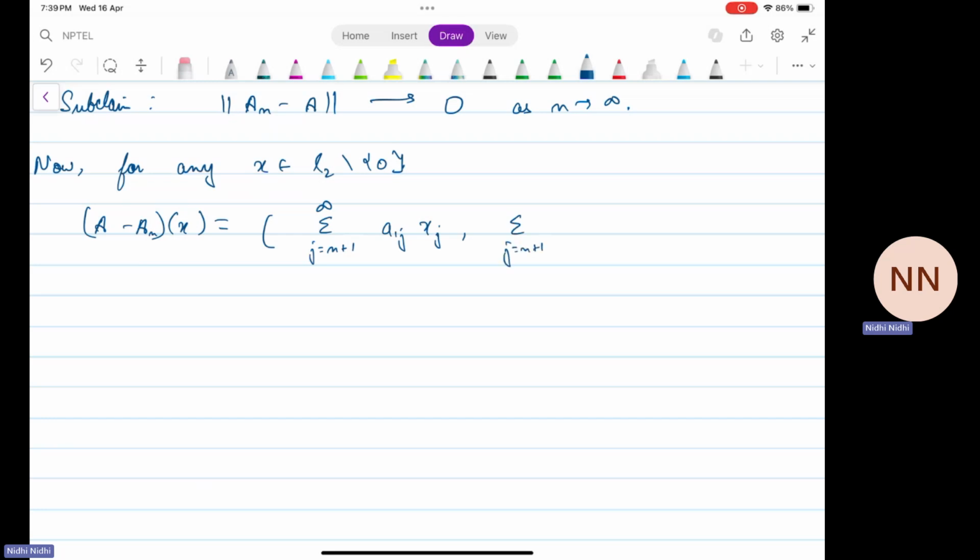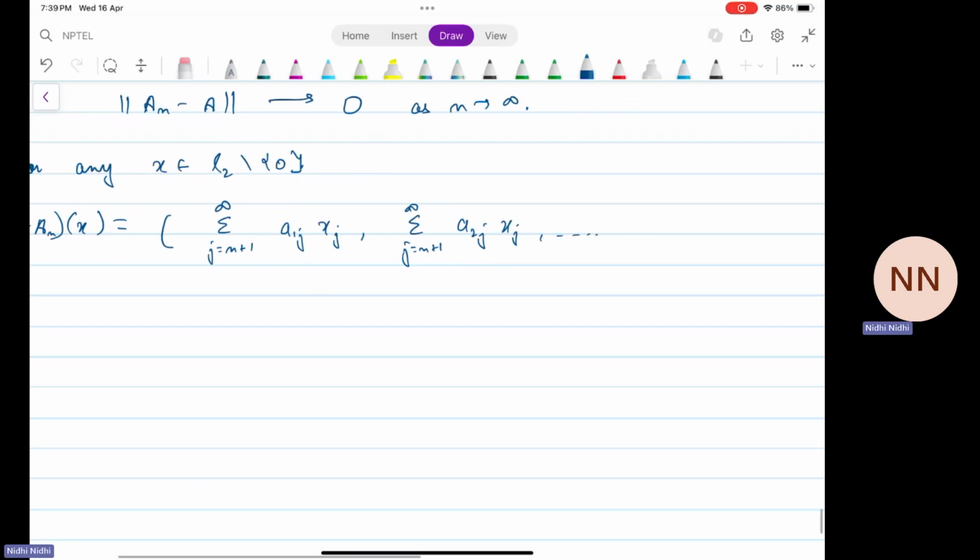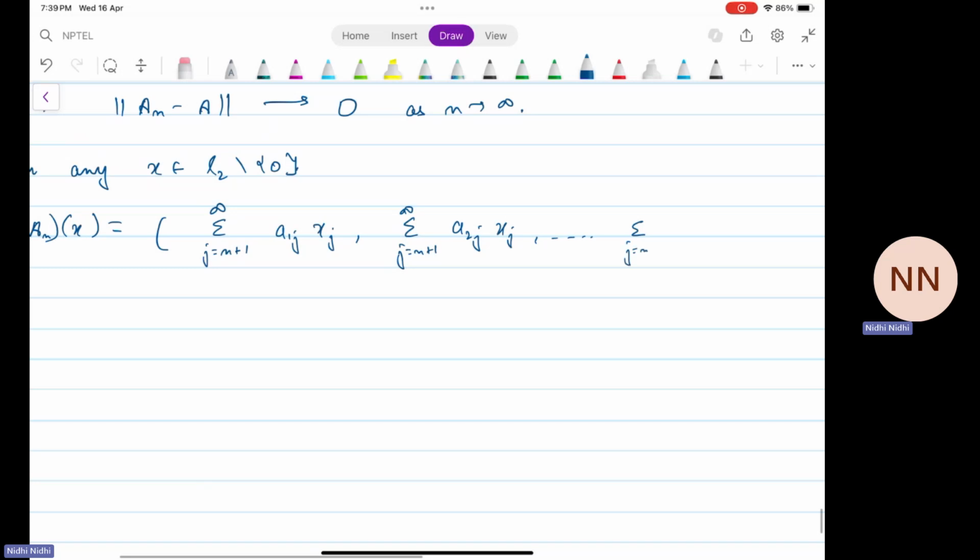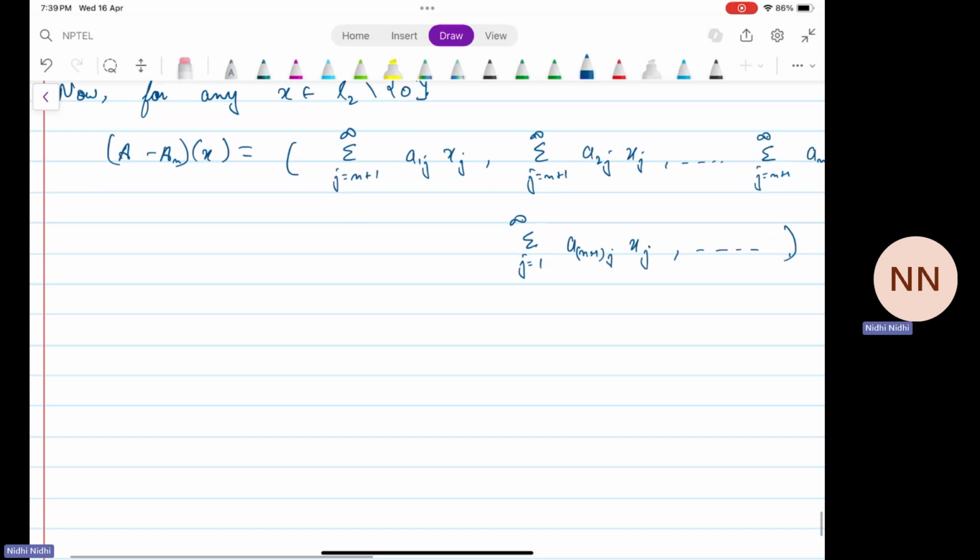Summation j from n plus 1 to infinity a2j xj, and so on up to the nth term, summation j from n plus 1 to infinity anj xj, and after that we have summation j from 1 to infinity a(n+1)j xj, and so on. So this implies the L2 norm of (A minus An)x square, this is for the first n terms.